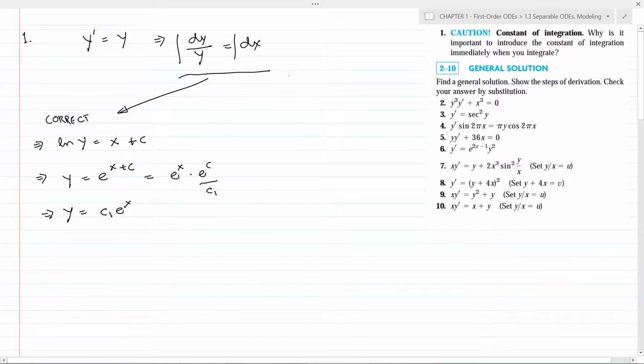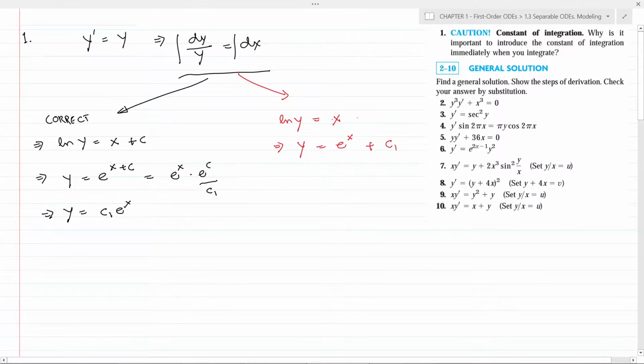Now suppose we don't introduce the constant of integration immediately after we integrate, and we write ln y is equal to x, then we write y is equal to e to the power x, and now we introduce the constant of integration.